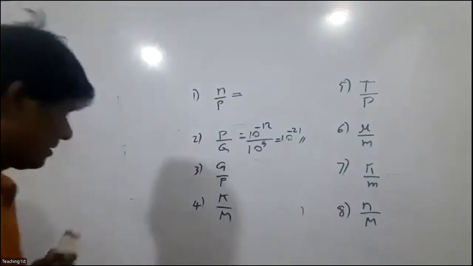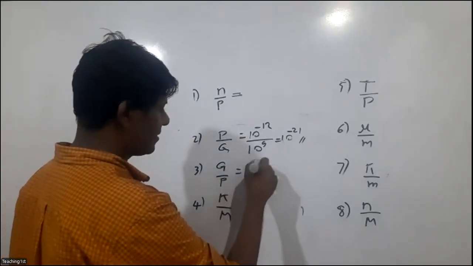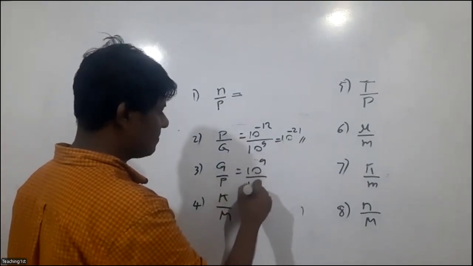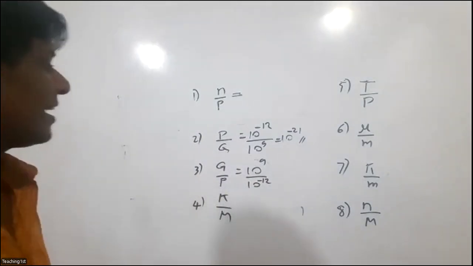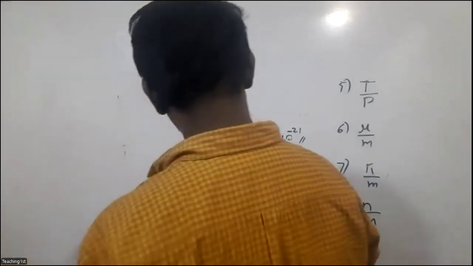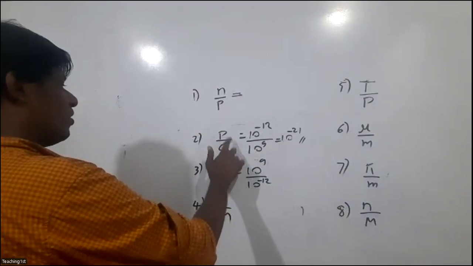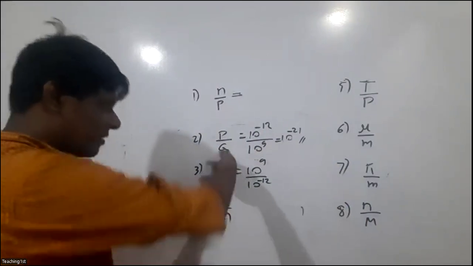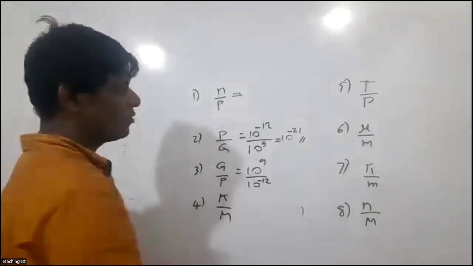Okay. So for giga over pico, 10 to the power 9 divided by 10 to the power minus 12. If you are wise enough, you can tell the answer without doing this one. It is the reciprocal of the previous one, so the answer is just the positive power.